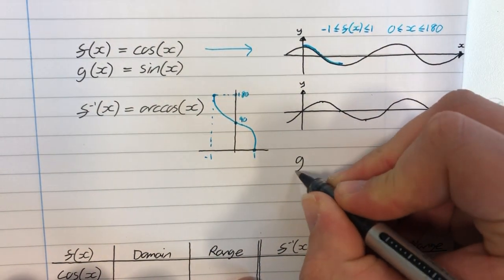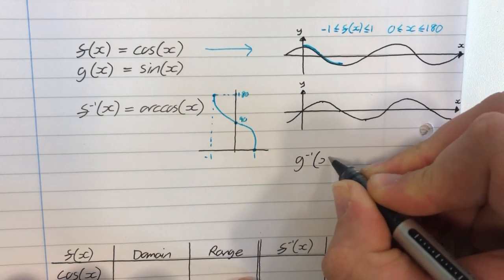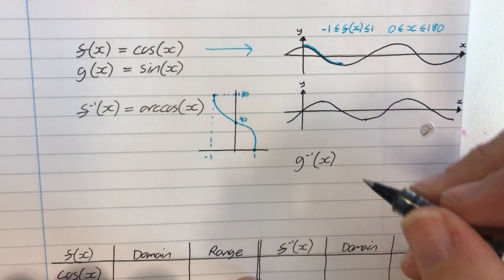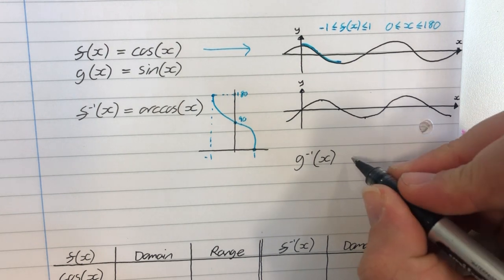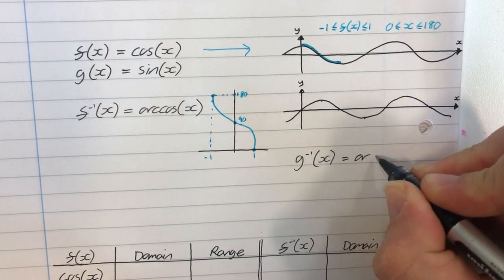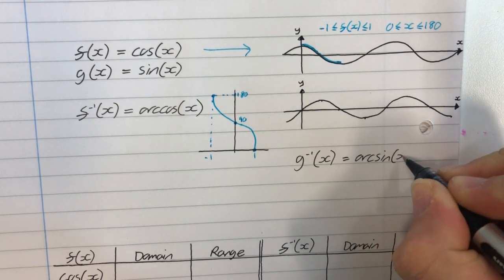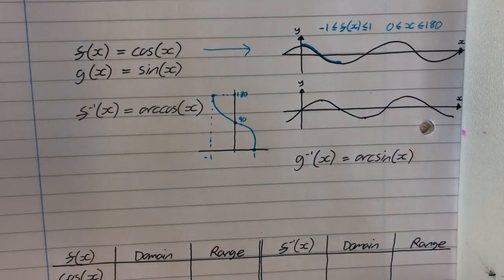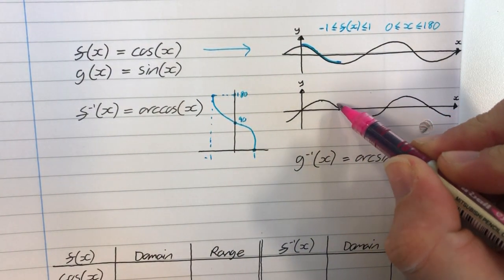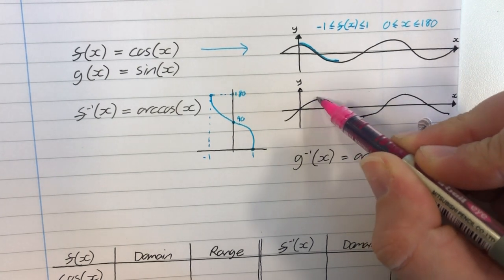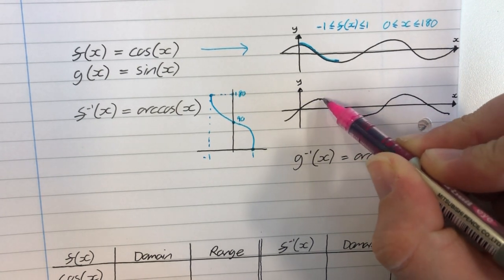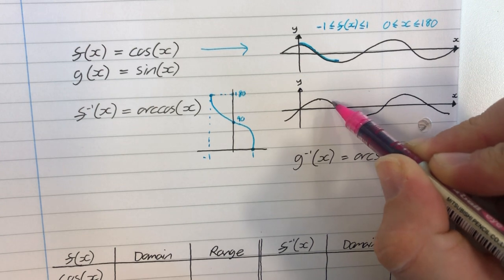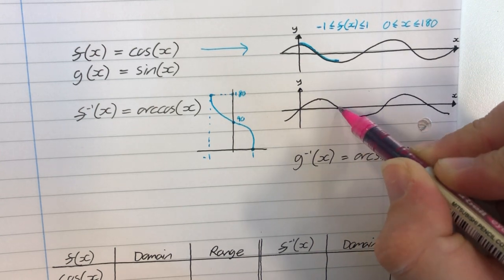Similarly for inverse sine, just use G because F is already taken on the page. That's going to be arc sine of x. But for this one, we can't restrict it between 0 and 180 because that would still be a many to one function, and also wouldn't optimize the range because it only goes between 0 and 1.